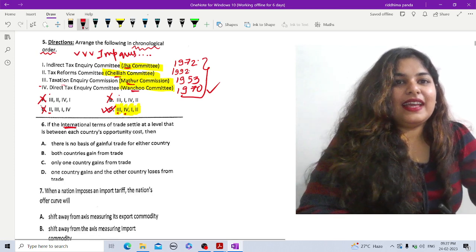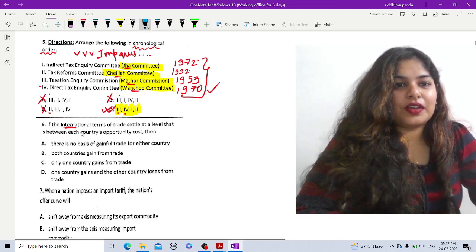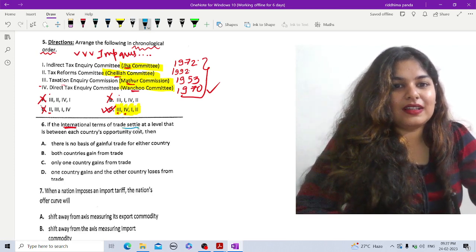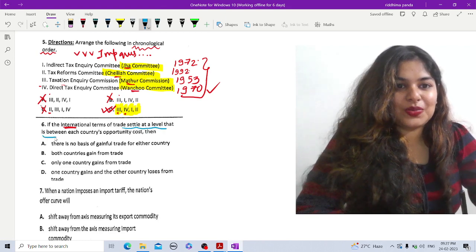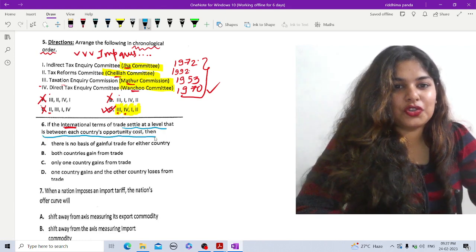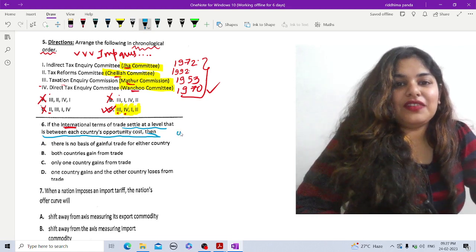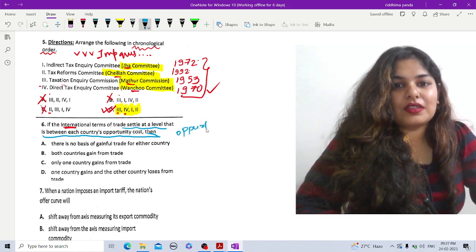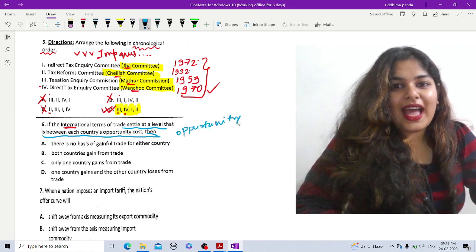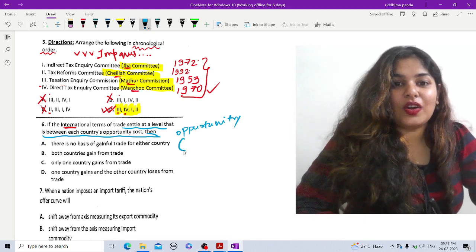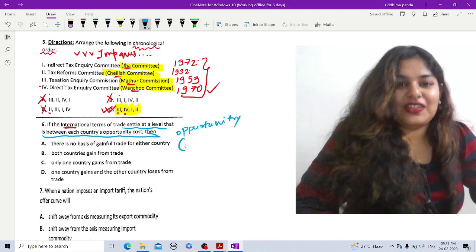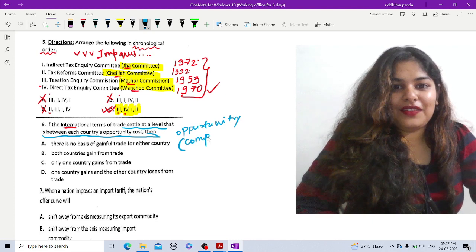Next question here is talking about terms of trade settling at a level that is between each country's opportunity cost. So whenever we see opportunity cost and specialization, then according to what? Comparative advantage.